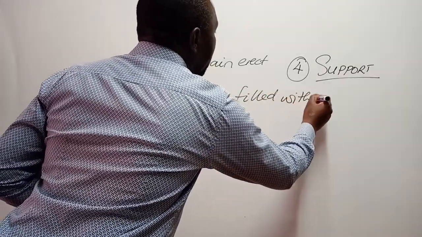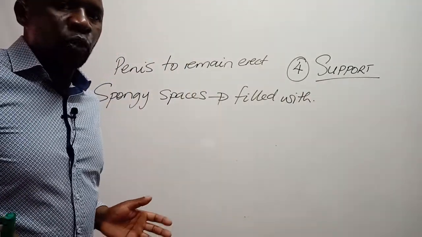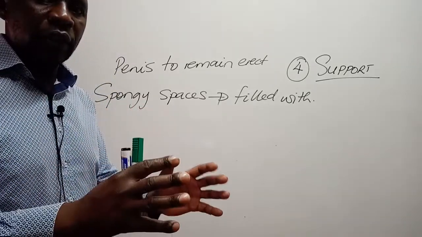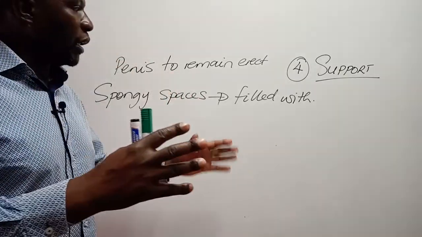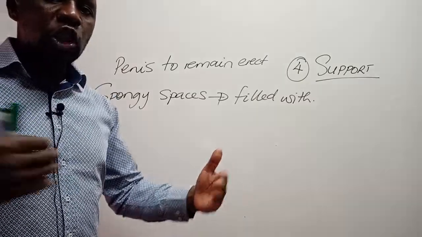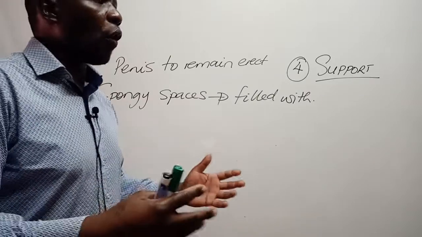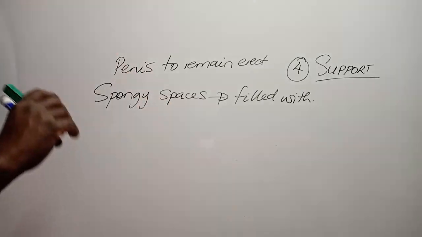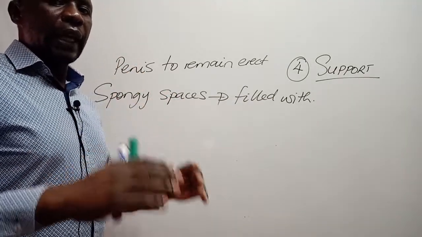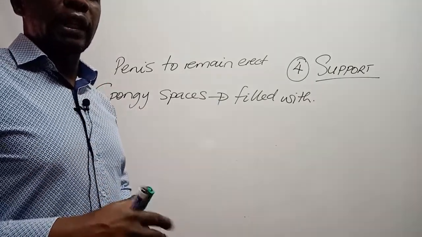So what happens is when a penis is erect, blood would have entered those spongy spaces and filled them. And then the penis becomes erect. And when the blood flows out of those spongy spaces, then the erection will obviously go away. So those are the four functions that blood plays in human beings.